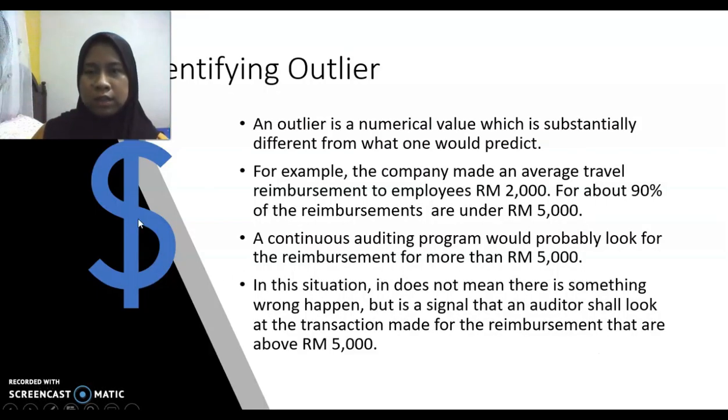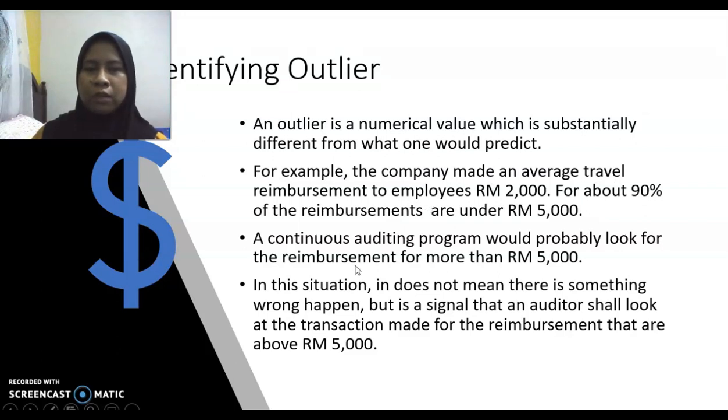So the second one is identifying outliers. An outlier is a numerical value which is substantially different from what one would predict. Here is the example of travel reimbursement to employees made by companies.